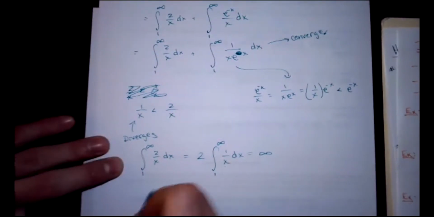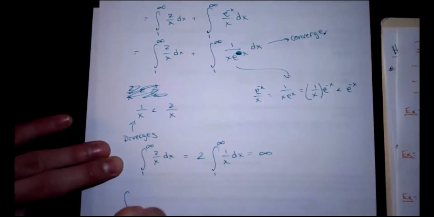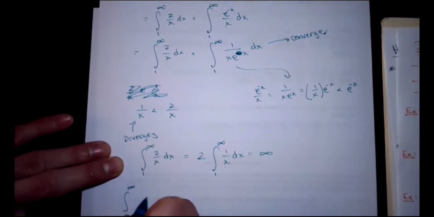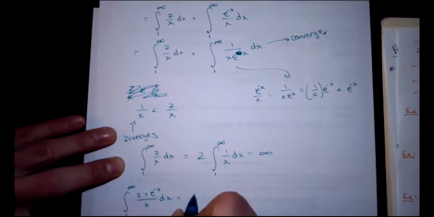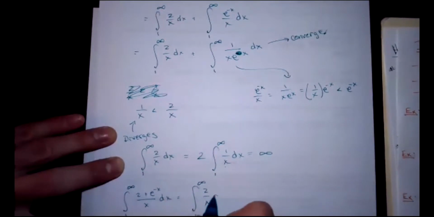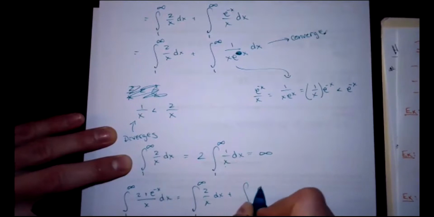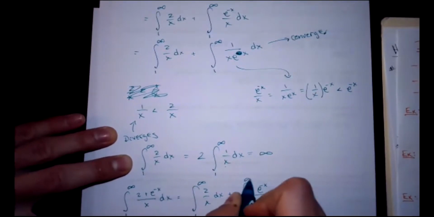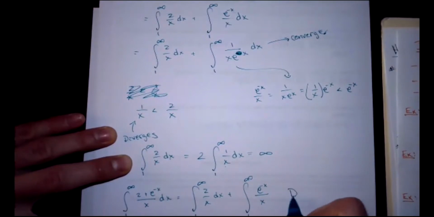And so our problem now is that because 1 to infinity of our original function, which is equal to 1 to this guy plus this guy, it will diverge.